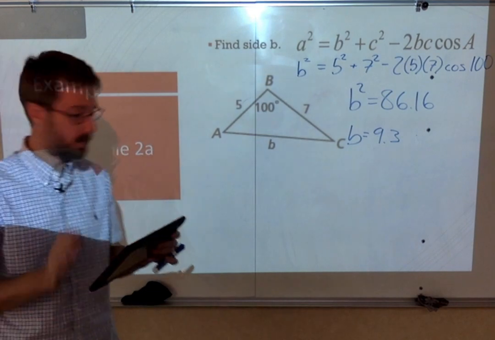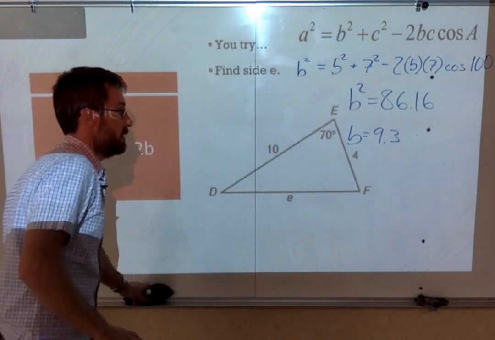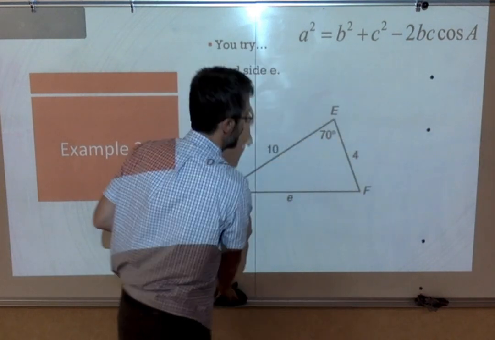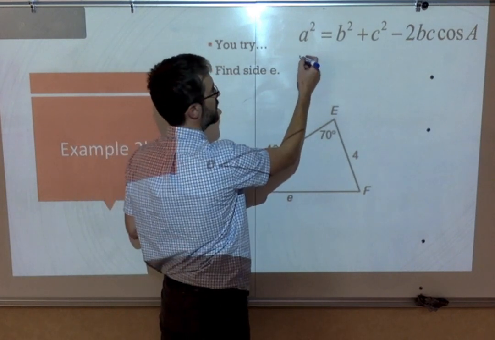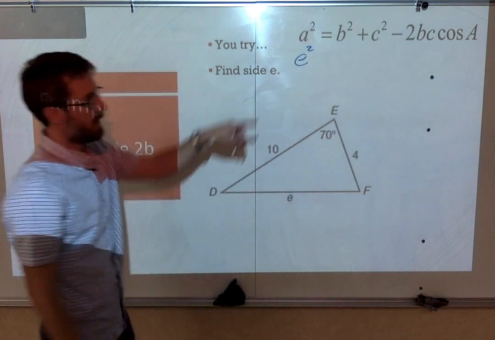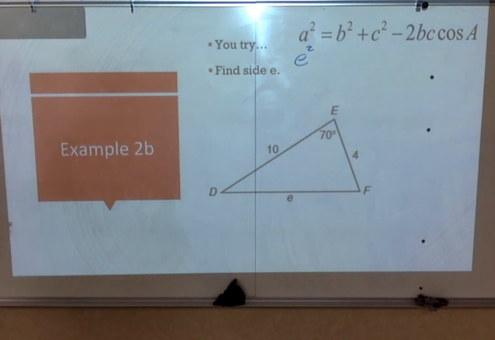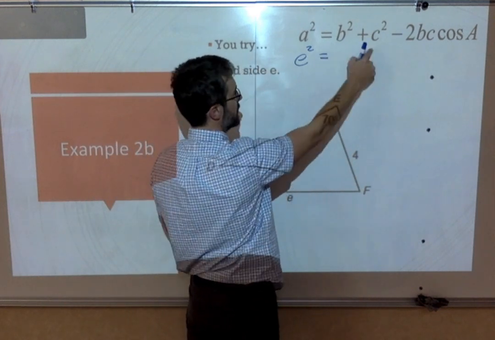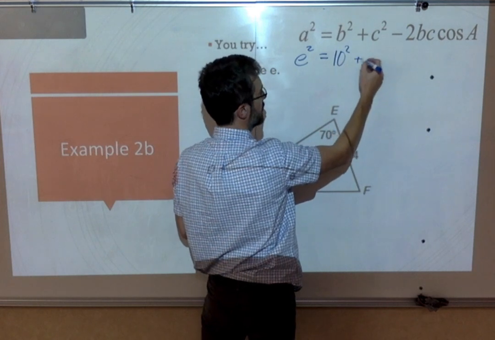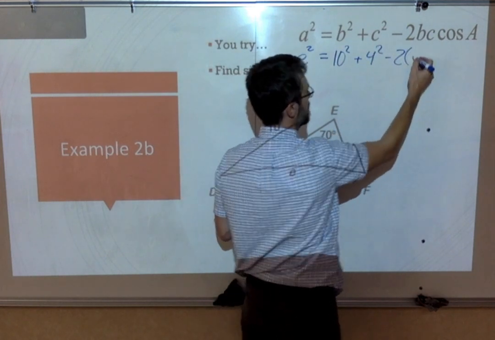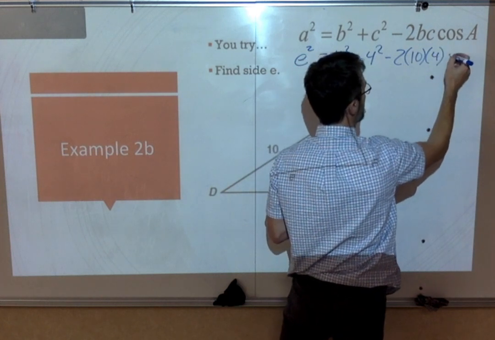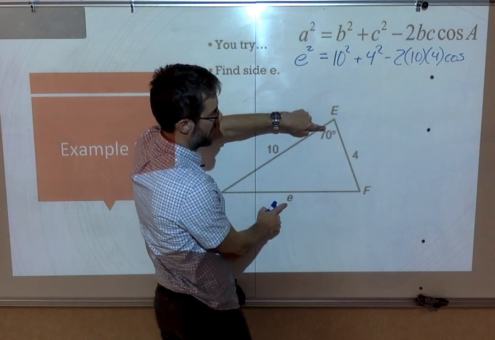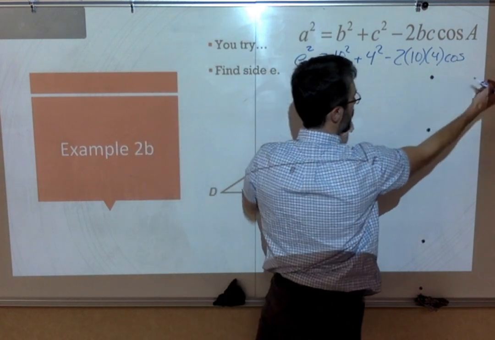All right, so let's try this one for side E. Go ahead, pause the video, try it on your own, and see if you get it to work. So E squared goes there, angle E is what goes in the cosine. Okay, so the two side lengths go here and here, so 10 squared plus 4 squared minus 2 times 10 times 4 times cosine of this angle E. So again, I'm using this angle to find this side, and those are the two things that are on the ends of this formula.